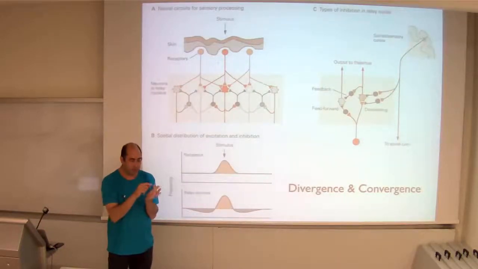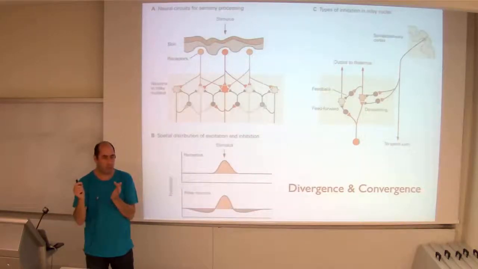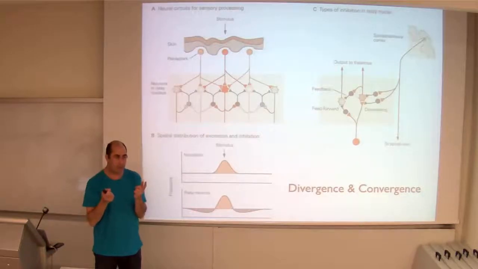So it's sometimes difficult to tell exactly where the stimulus was, just because when you activate a single receptor, it will activate the same axon as another receptor that sits in a different location. And just by looking at this single axon, you cannot tell which of these two receptors was activated.